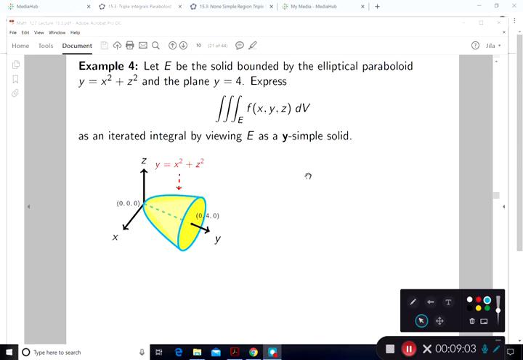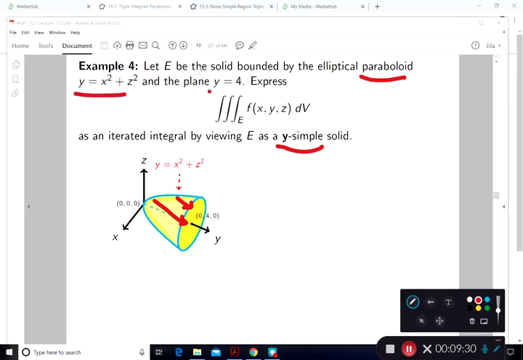So as we saw in the GeoGebra sheet, if I'm treating the solid region as y simple, then I have to figure out a lower and upper bound for the y direction. And the lower bound is always, whenever I draw an arrow in here, I start from the paraboloid and I go all the way to y equals 4.